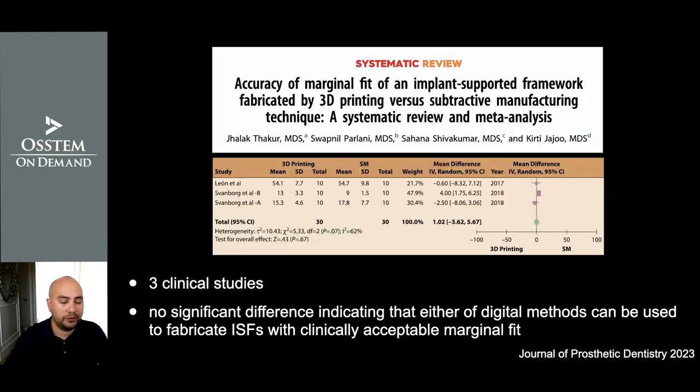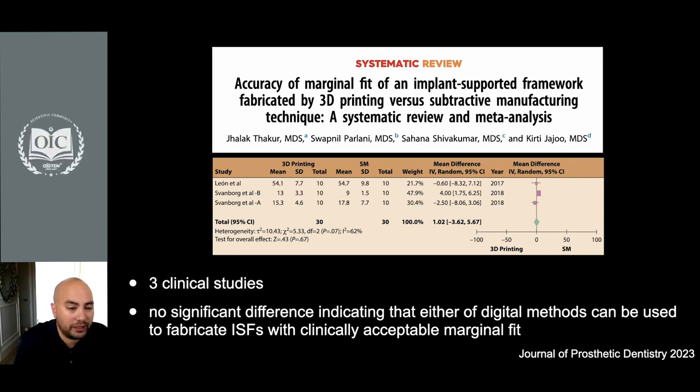If we look at the accuracy, a systematic review and meta-analysis published recently assessed 3 clinical studies, and the conclusion is that there's no significant difference between milled or 3D printed temporaries, and they both exhibit acceptable marginal fit.